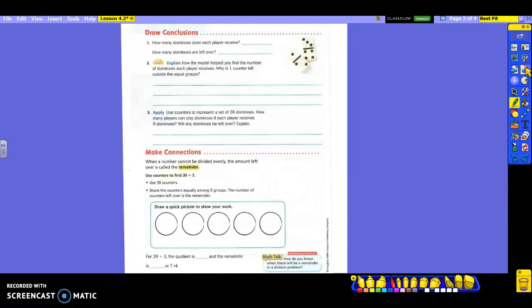So it says, how many dominoes does each player receive? 9 dominoes. So we're going to do that with our label. And how many dominoes were left over? 1 domino.